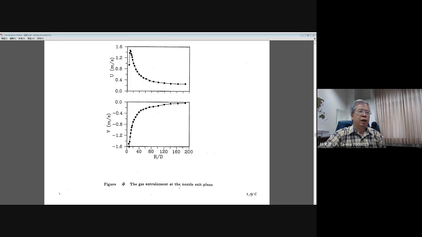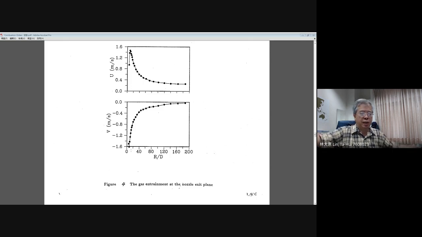But when you measure closer to the center axis, the radial velocity becomes stronger, and becomes very large when closer to the spray cone. That means you have a very strong axial momentum of the spray, and this axial momentum will push all the liquid, and also the gas in the vicinity of the spray tip regions, to move forward to the downstream sites.